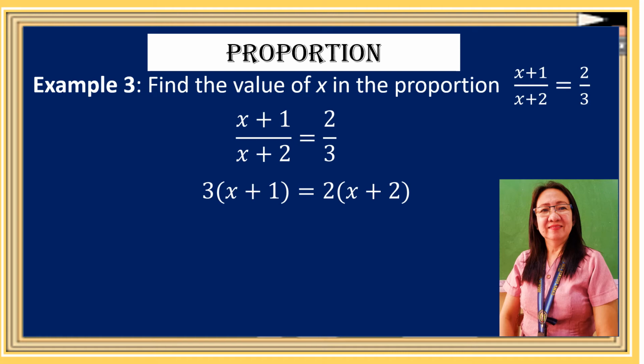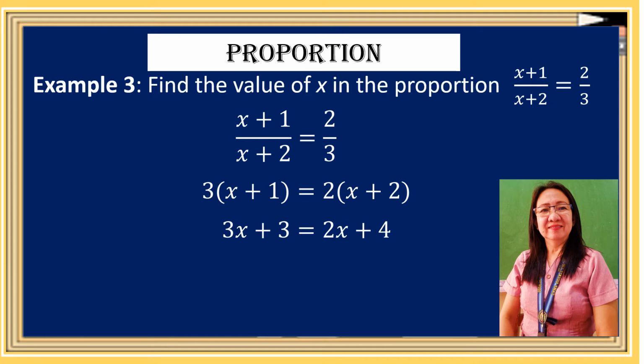Then apply the distributive property. 3 times x is 3x plus 3 times 1 is 3. This is equal to 2 times x is 2x plus 2 times 2, which is 4.